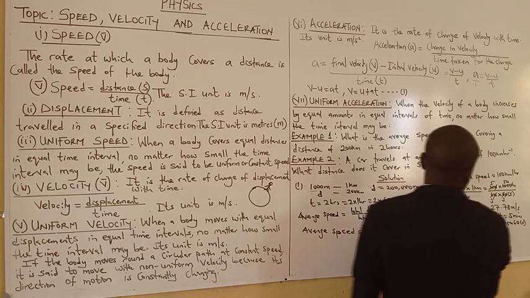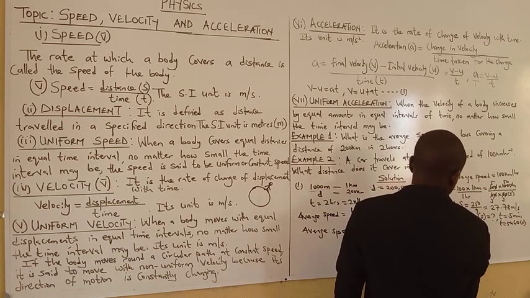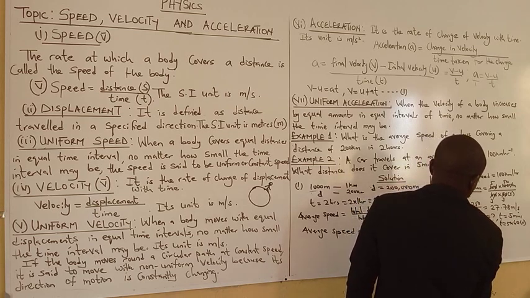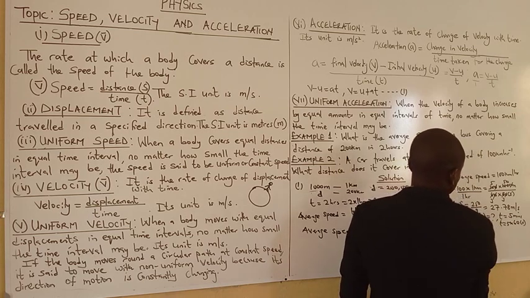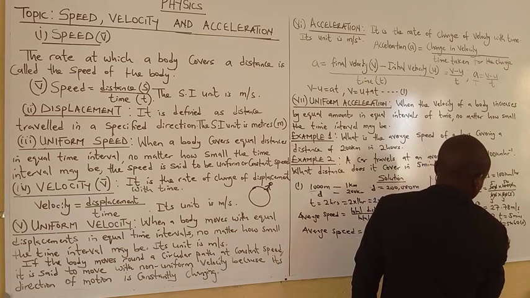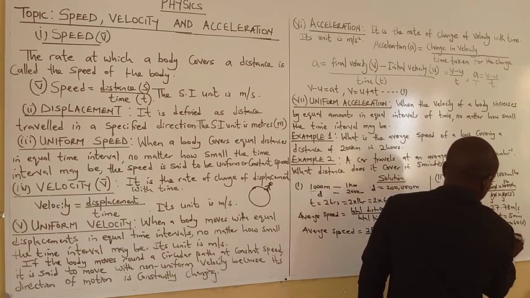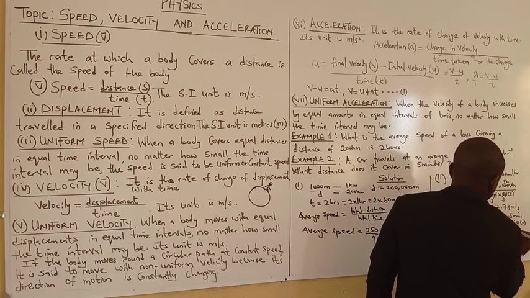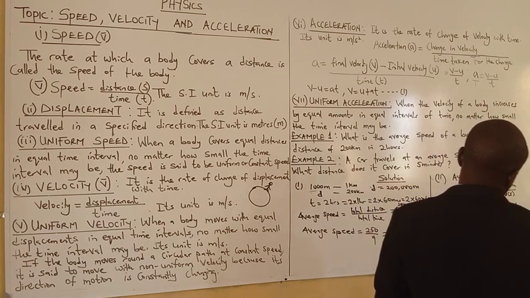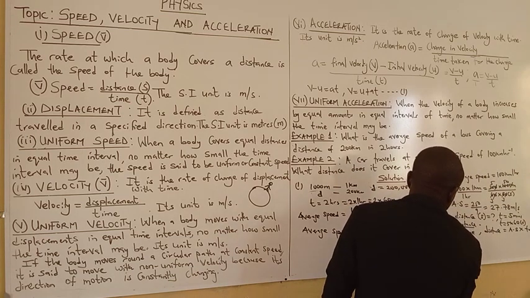Now average speed equals distance over time, and we are looking for distance, which equals average speed times time.